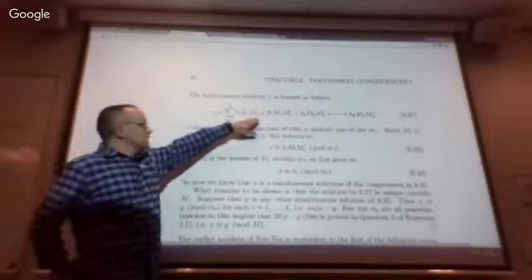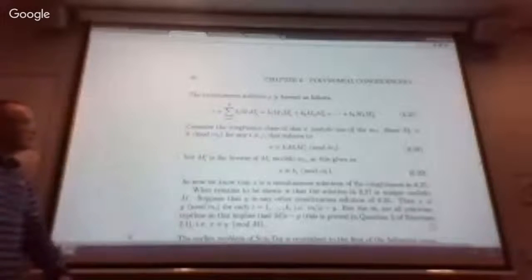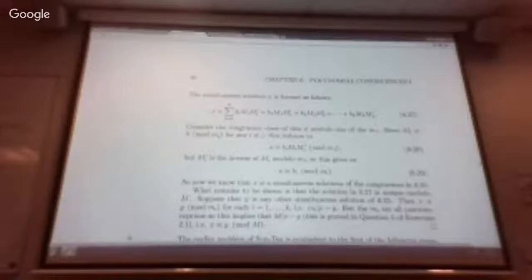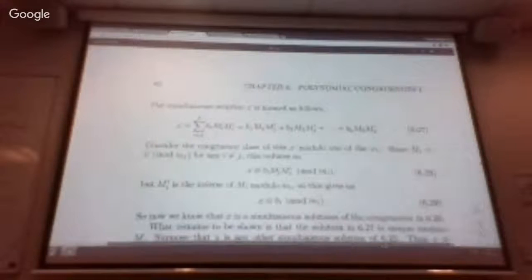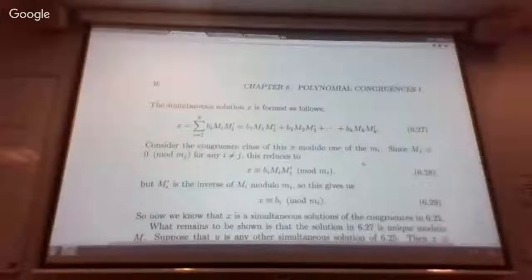x was generated by this summation formula. It's the sum over all these terms, bi, capital Mi, and capital Mi prime. So what are these numbers? The bi's are just the numbers from the original set of congruences.